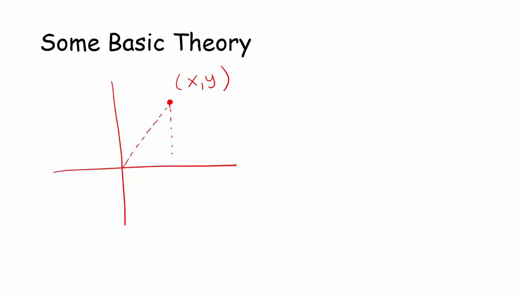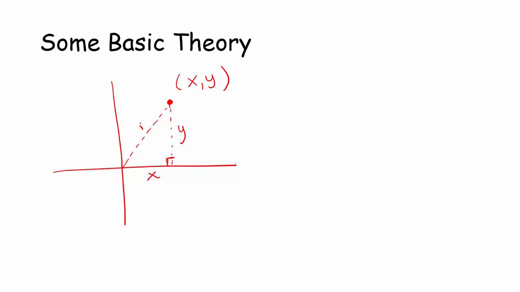So let's talk about some basic theory. The basic theory behind this is a picture that I may or may not have drawn a couple of times this year. If I pick some point, x, y, that's the Cartesian way of labeling that point. And then I think about the trigonometry behind that point: I could make my triangle perpendicular to the x-axis.